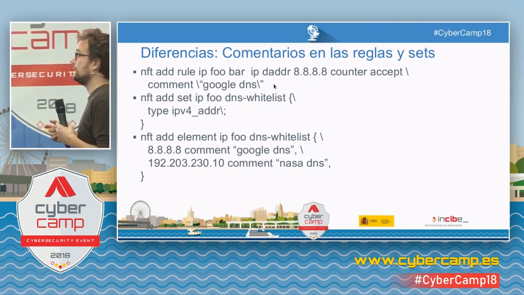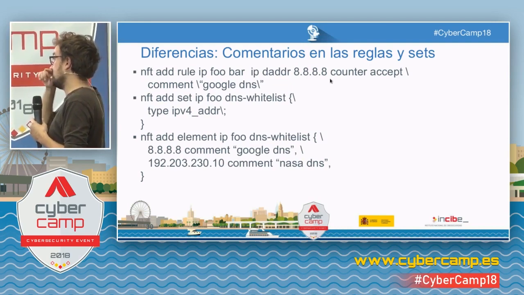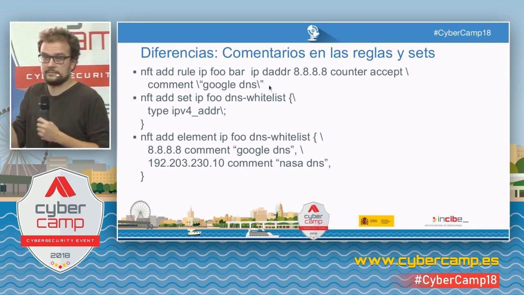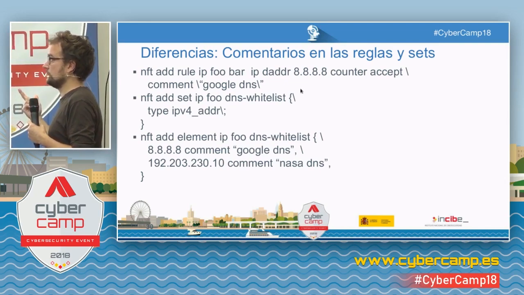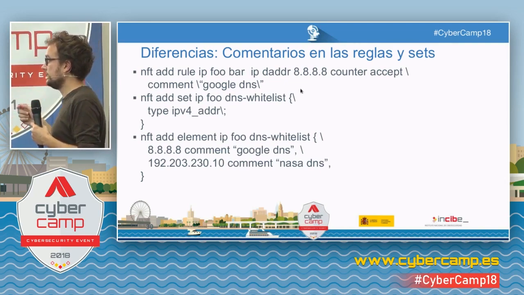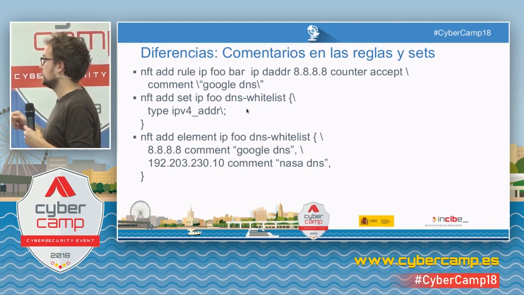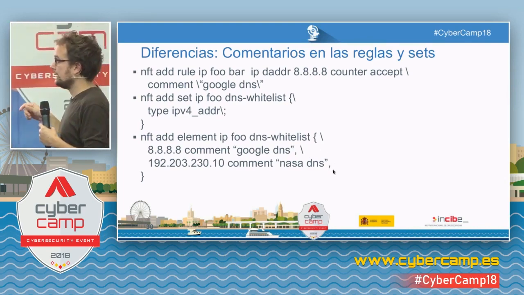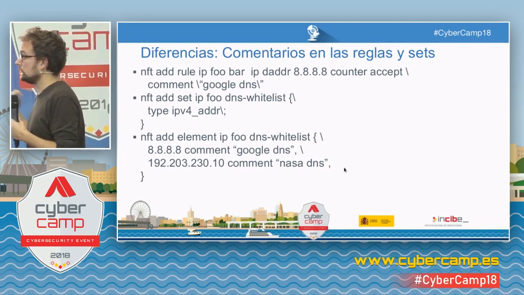Here in this example, we can see this rule saying that any traffic going to 8.8.8.8, a Google server, will be accepted. That's a way of accepting DNS requests on Google. You can also use it to build a blacklist. For instance, traffic will be accepted for these IP addresses, for instance IPv4 addresses there. So comments can and should be added.